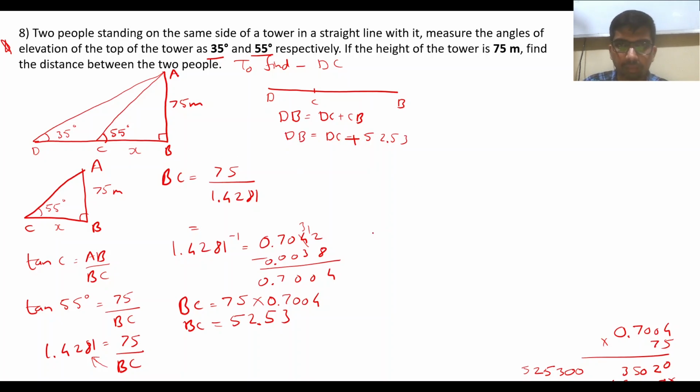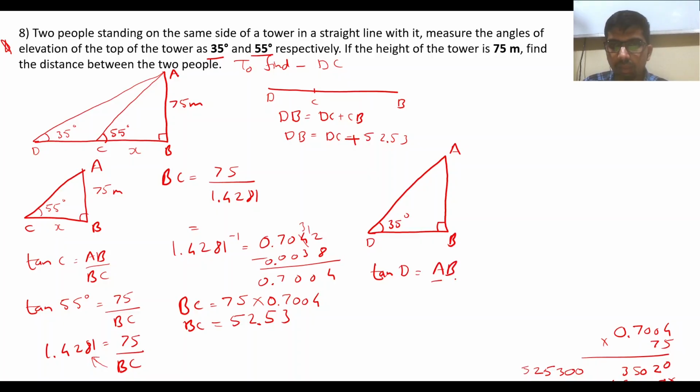Now we'll take the bigger triangle. Over here the big triangle's angle is 35 degrees. Correct? So going right, have faith in yourself. A, B and D. So BD is DC plus 52.53. So tan D is opposite side upon adjacent side. So tan 35. You have to find the tan 35 value in the logbook.